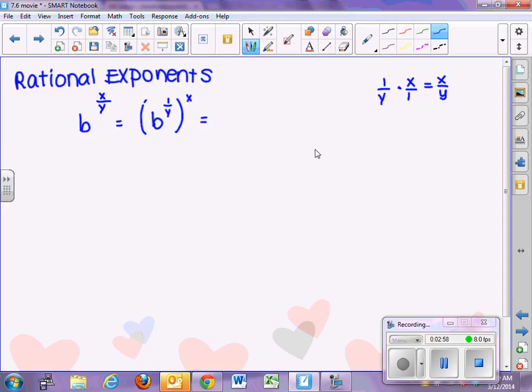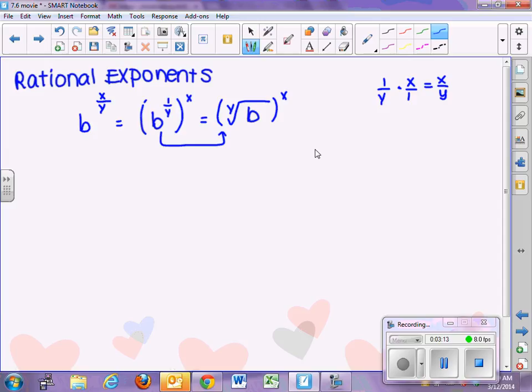So what that means is, remember what b to the 1 over y power means? It means you're taking the y-th root of b, and then you're raising it to the x power.